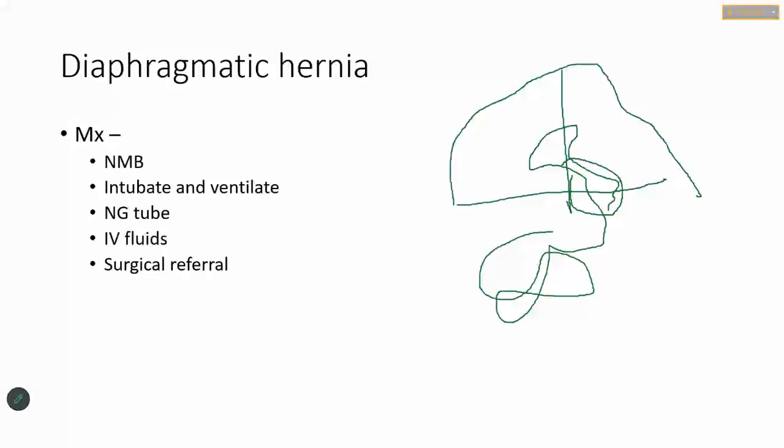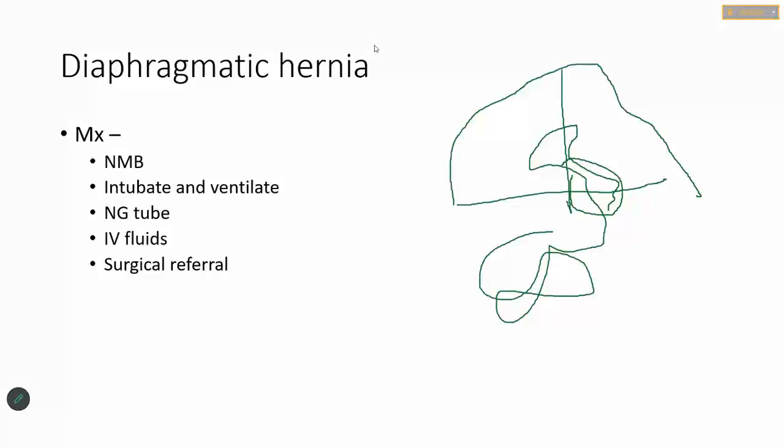The problem is for the lung, because for the development of the lung there should be enough space. When the bowel content goes into the lung space, the lung cannot develop. That is the main problem of the diaphragmatic hernia.